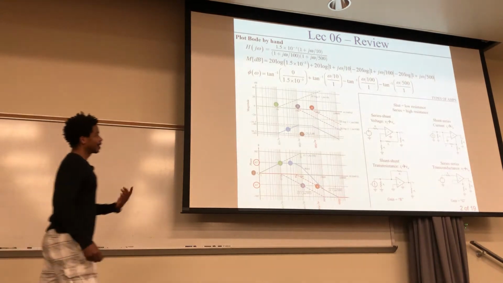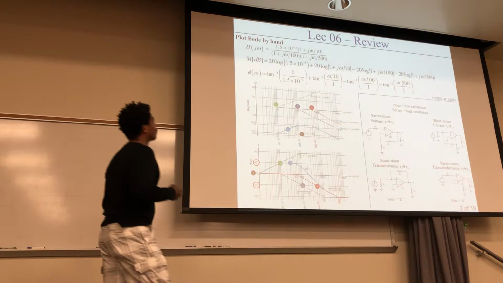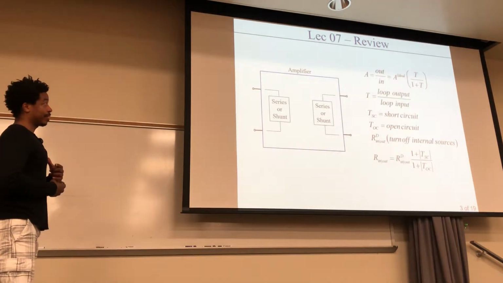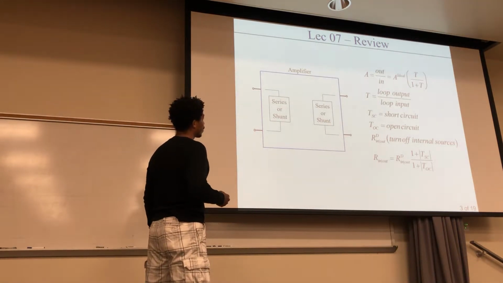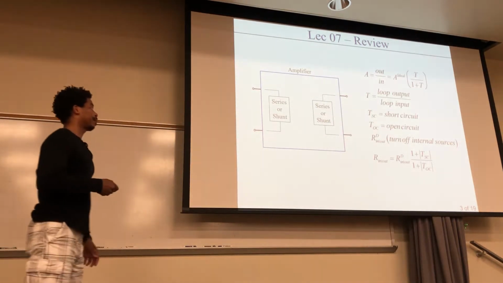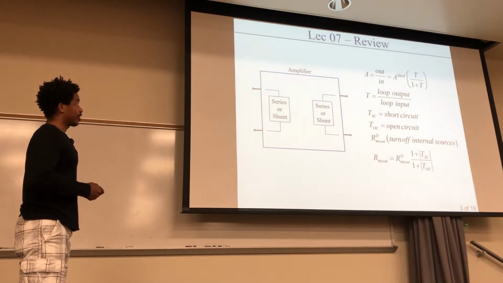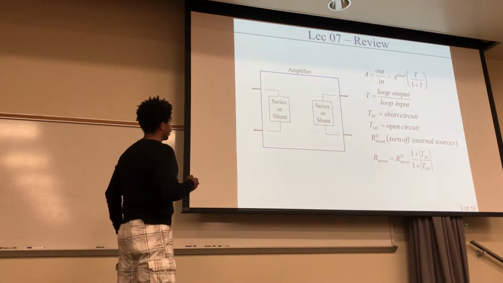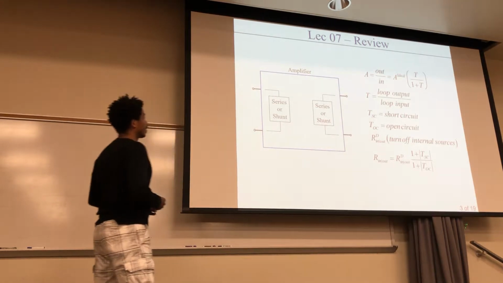Okay, so anyway, moving right along. Last time we met, we talked about looking at these amplifiers, and then we applied Blackman's theorem right here, and we took the amplifier to look like this. Different configurations were given, and we abstracted those into a series or a shunt between the input ports and output ports of the amplifier.